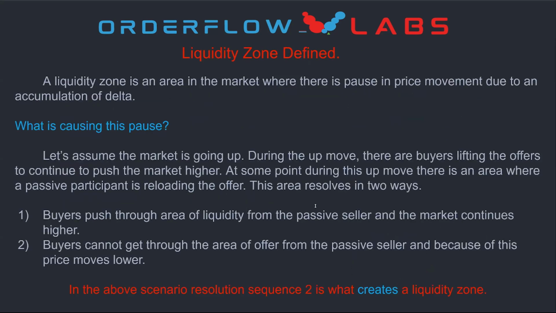So let's define what that liquidity zone is, and then we'll dive into some of the details of it. Basically, a liquidity zone is an area in the market where there is a pause in price movement due to an accumulation of delta.